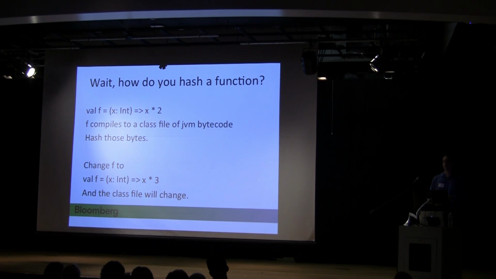So each anonymous function will have a class. You can get the bytes, hash those bytes, and that will give you a pretty good hash for the logic of that function. And in particular, if we change f, like x goes to x times 3, that class file is going to change, and so will our hash of the bytes.